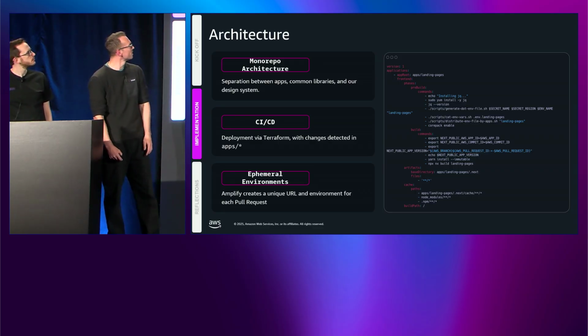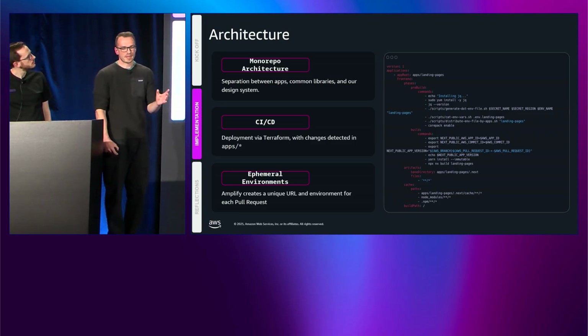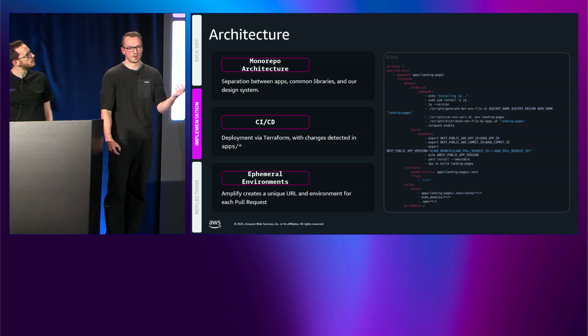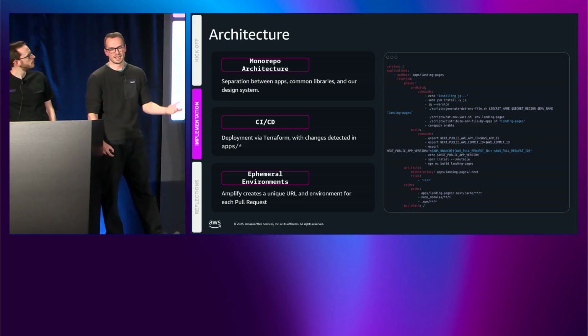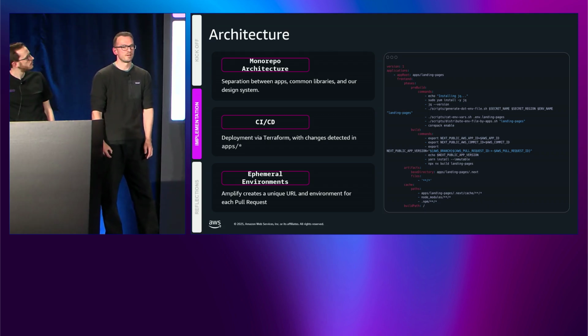From a continuous delivery perspective, everything in Amplify, at least for us, is managed in Terraform, including branches and environment variables. Then we use GitHub Actions across the board for linting, security checks, and running tests. Probably the most useful thing from a developer experience is getting ephemeral environments out of the box.